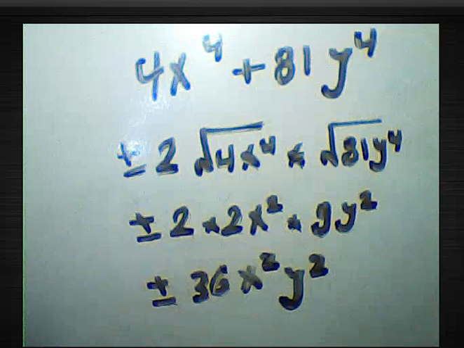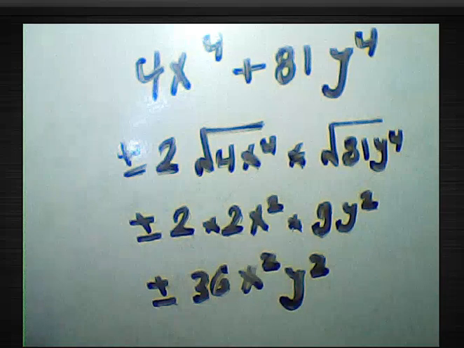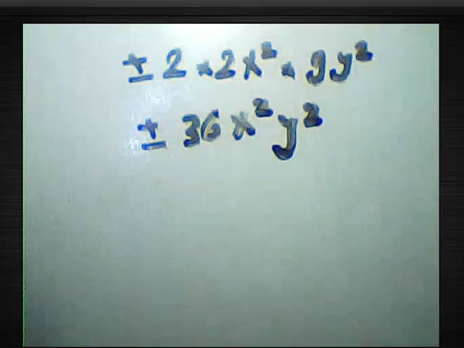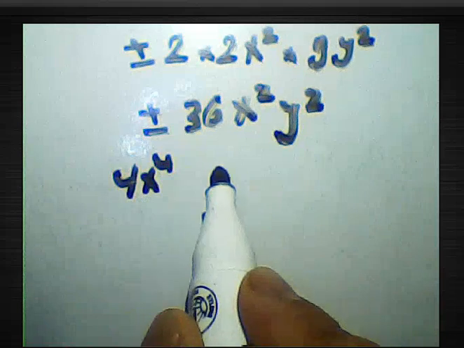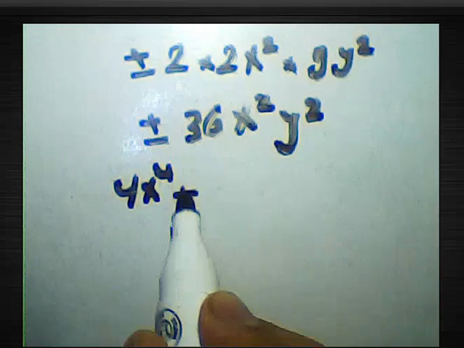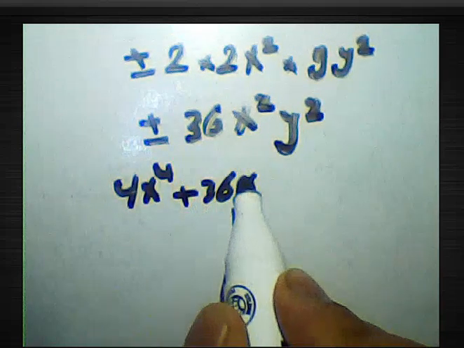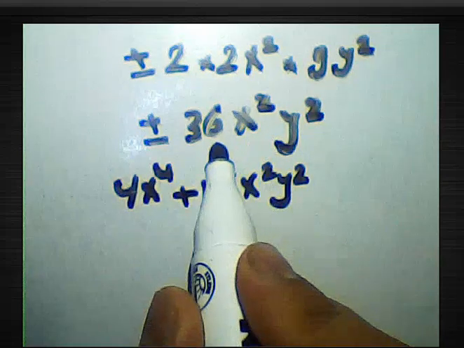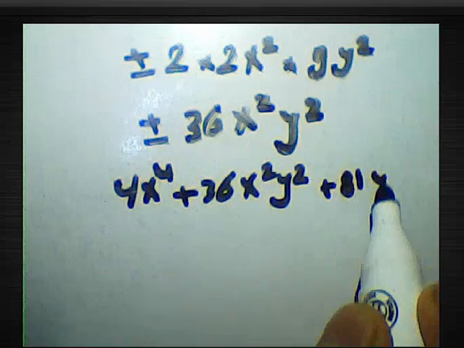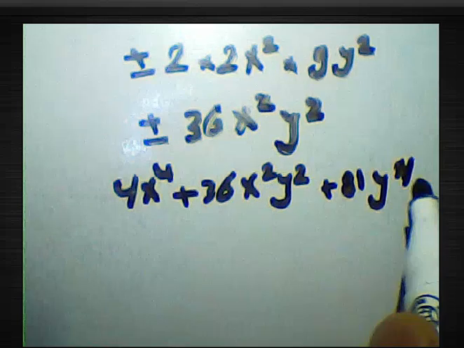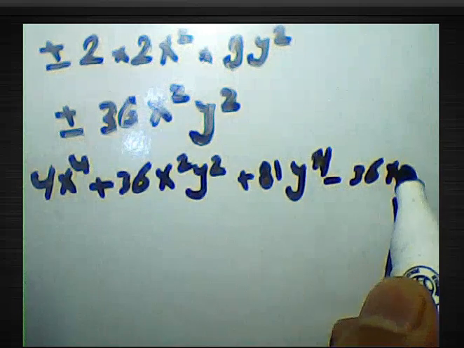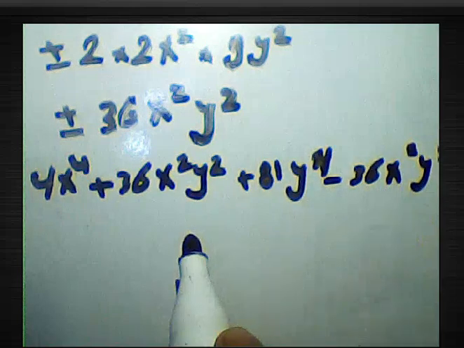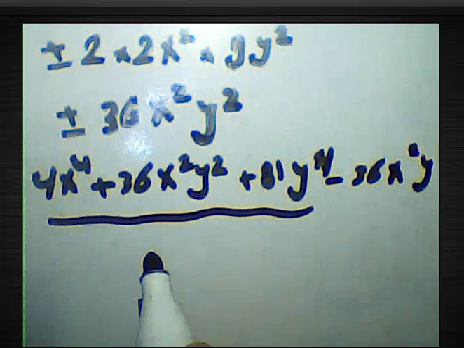Okay, look at the steps with me. We can write here 4x power 4, and write positive 36x power 2 y power 2, plus 81y power 4, subtract 36x power 2 y power 2, and this expression is a perfect square.